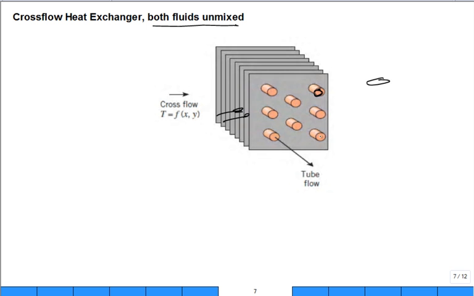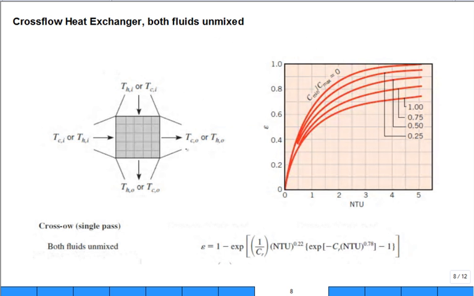And once it's in this tube, it stays in that tube, and it doesn't jump between tubes, so it's unmixed. When you look for an illustration, they'll put lines like this saying it's unmixed in that direction, it's unmixed in that direction, so you'll have a cross-flow heat exchanger with both fluids unmixed.